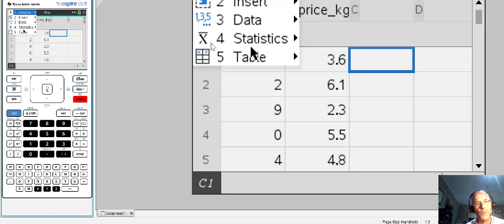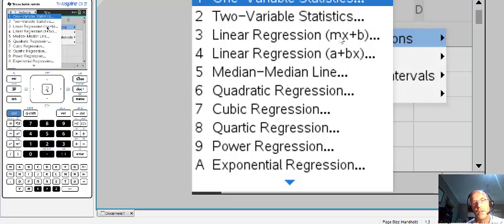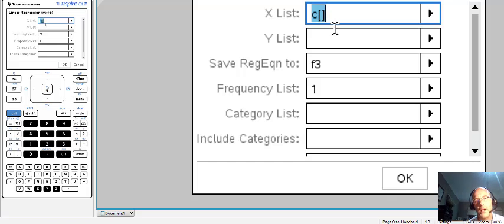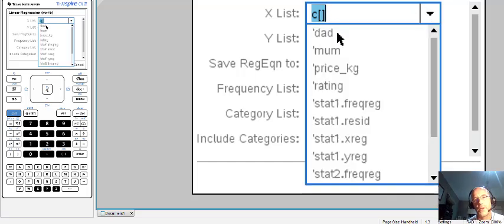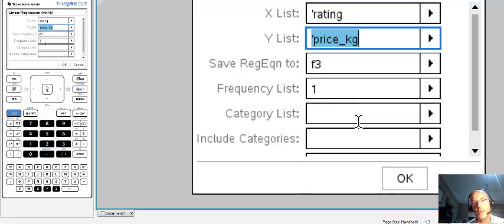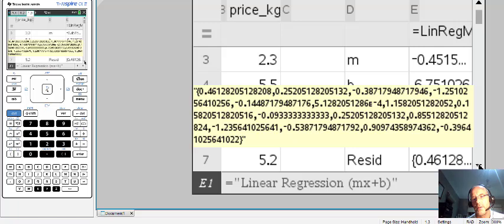One of the things we can do is a stat test, or stat calculation I should say, and the linear regression stuff, because this will give us the correlation coefficient R, and we want to make sure we pick the correct things here. So the rating is independent and the price per kilo is dependent on that, and that's there, and we can see some of those same values from before.